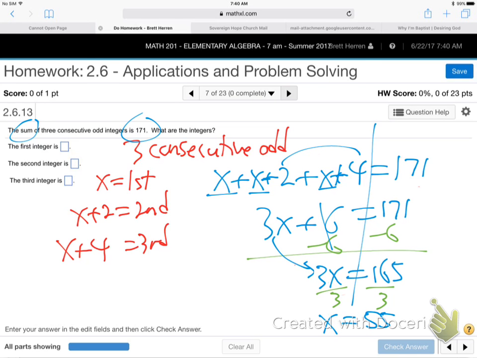So the numbers are 55, add 2, 57, and 59. 55, 57, 59. Because 3 into 150 would be 50, and then 3 into 15 is 5. 3 goes into 15 5 times.